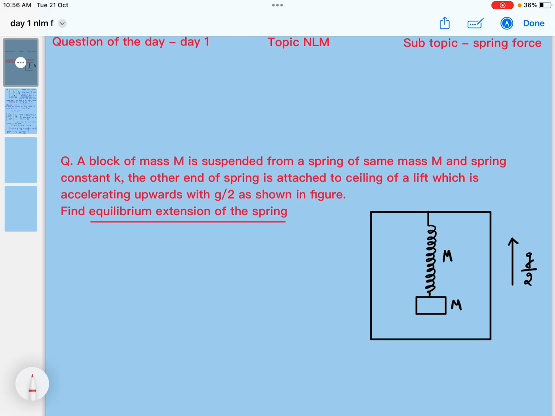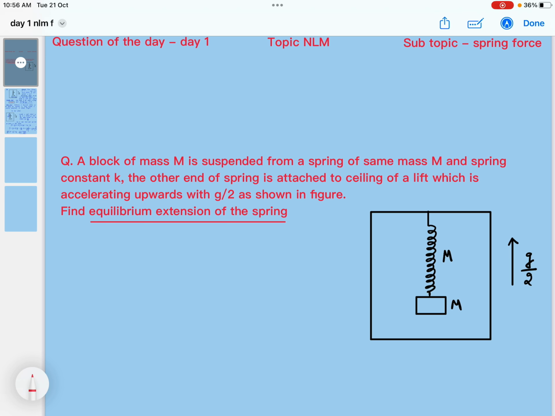They are not saying you have started the motion and then after some time what is the extension. If the question were framed in that manner, then we would have to apply the work energy theorem. Here it is very simply said, find the equilibrium extension of the spring, means in the lift frame, what is the extension of the spring?